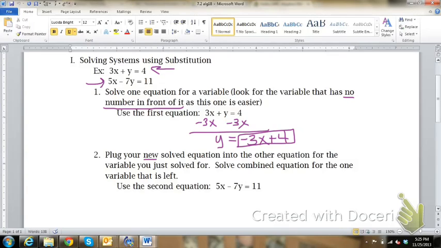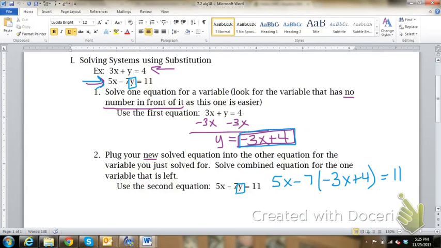So let's change colors. Okay, so I'm going to plug it in here, and all of this equals y, so I'm going to put it in place of the y in my second equation. So I'm going to have 5x minus 7, and instead of y, I'm going to substitute what the y equals.